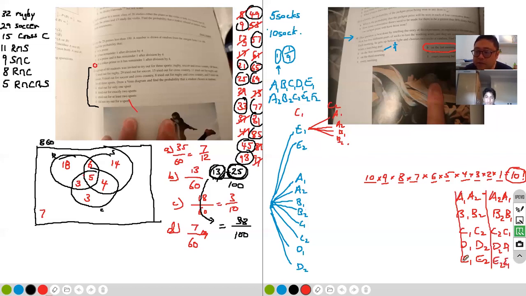How many combinations are there to end on a matching pair? 1, 2, 3, 4, 5, 10.